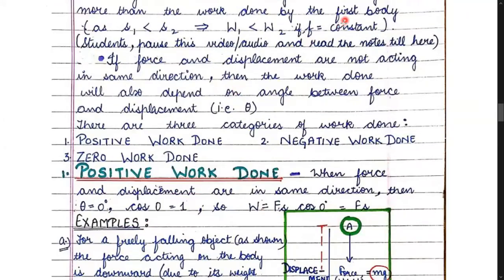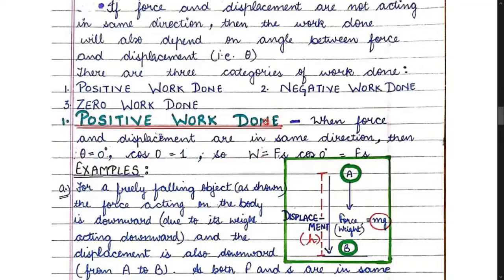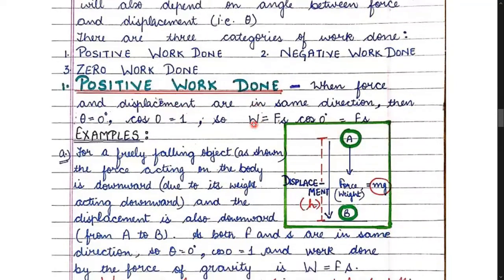Now, children, one more thing. We have three categories of work done: positive work done, negative work done, and zero work done. Today we will discuss positive and negative work done only. So kindly look at the screen, please. What is positive work done?